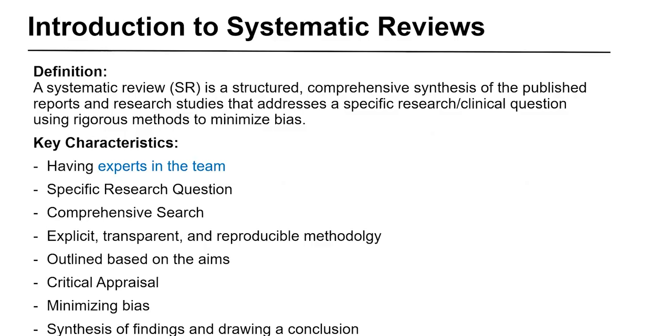Critical appraisal: as we will see through this PowerPoint, we will see how to review papers, how to look at the literature, and how to include and exclude literature in a systematic review. Minimizing bias: bias is an inevitable part of any study, any research, and how to minimize it is something we are going to talk about briefly in this presentation.